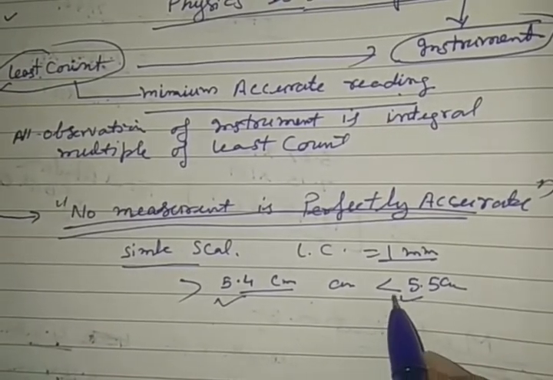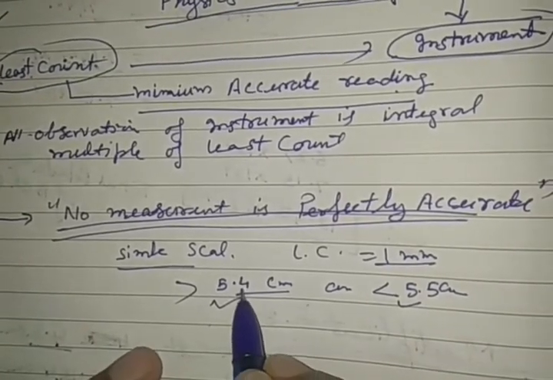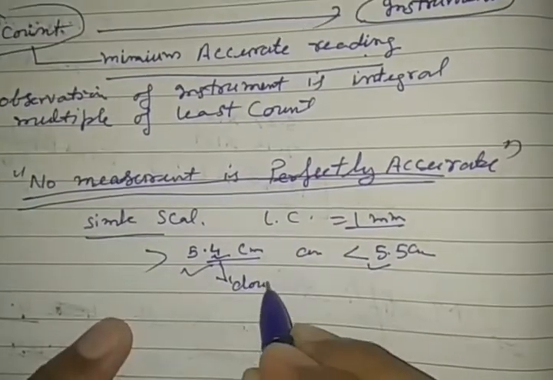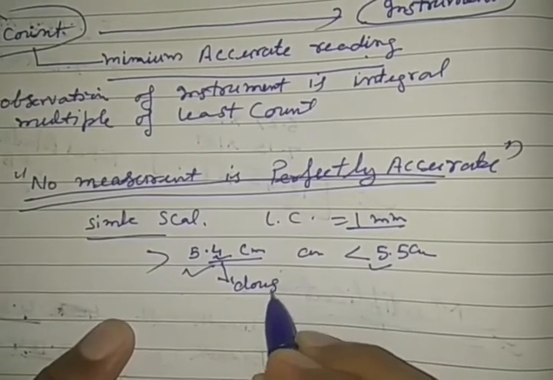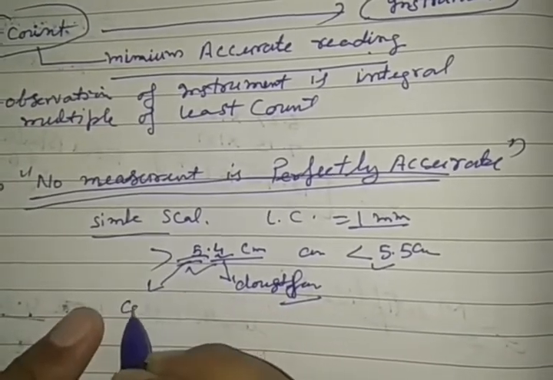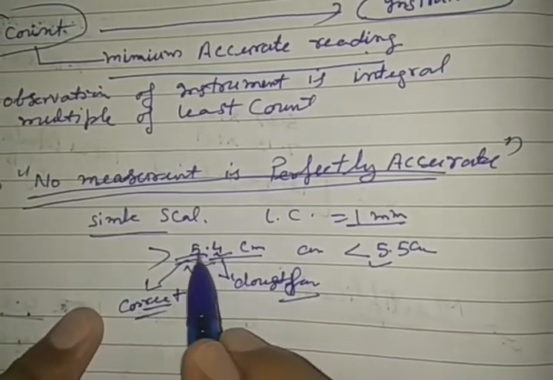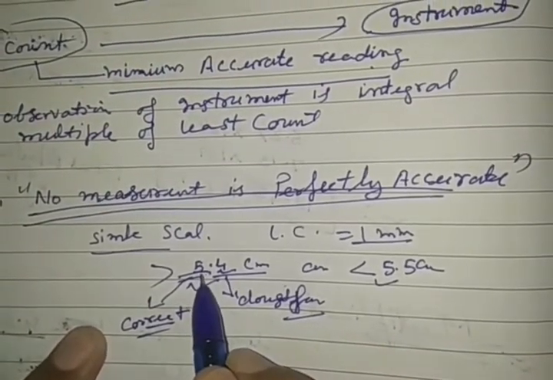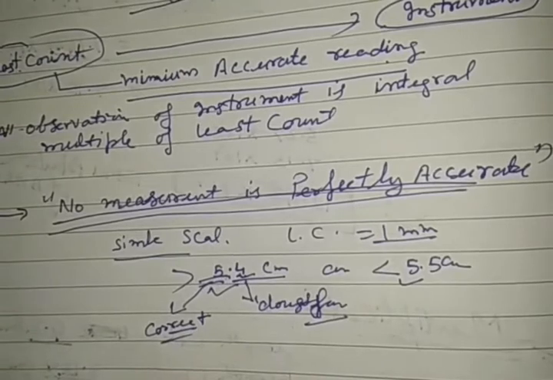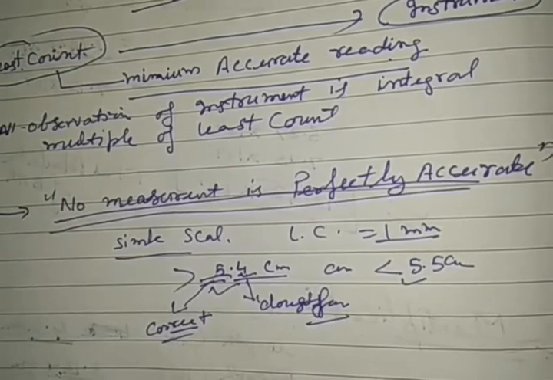When I was dealing with significant figures, I told you that the last digit of any observation is always doubtful, and the other digits are accurate or correct. In this condition we cannot say its length is exactly 5.4 or 5.5. The same case is possible with vernier calipers, screw gauge and so on.